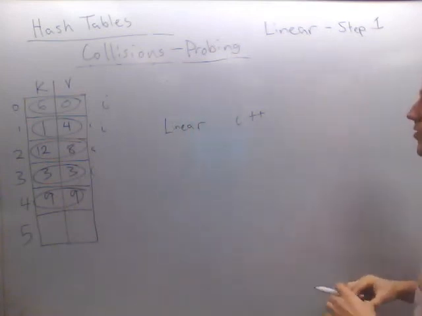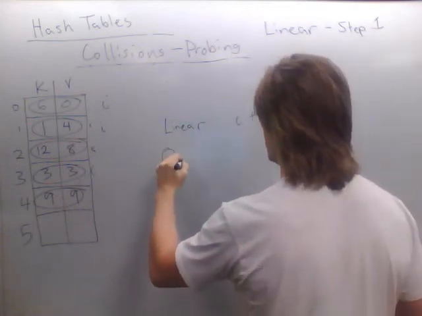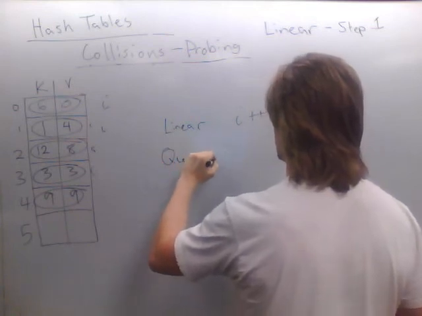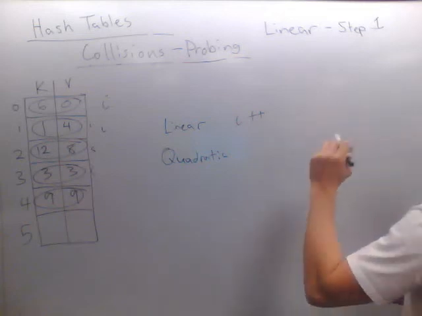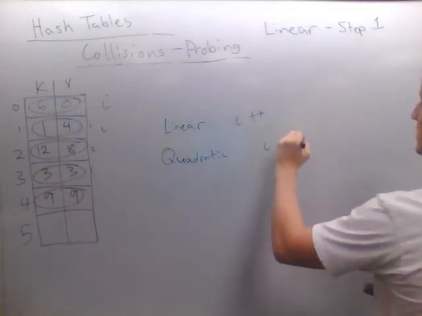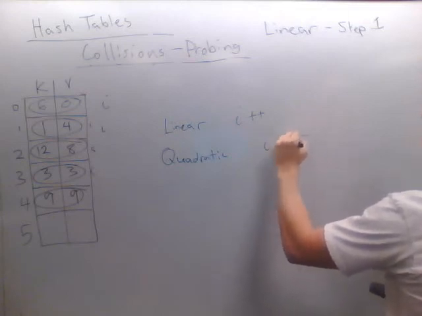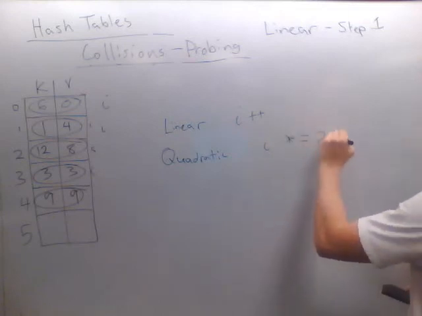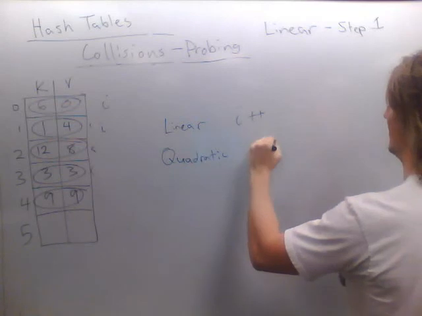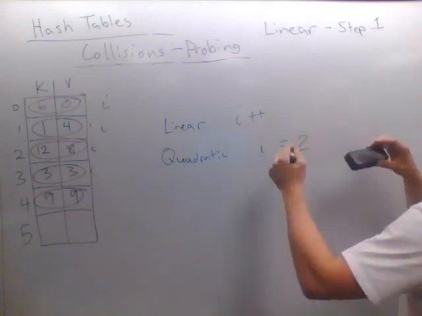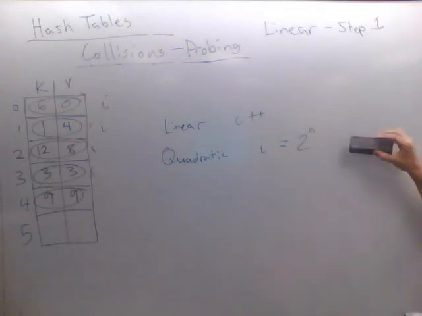However, we have quadratic probing. For this equation, you're going to say i plus equals 2 to the n, where n is the number of collisions you've already had.